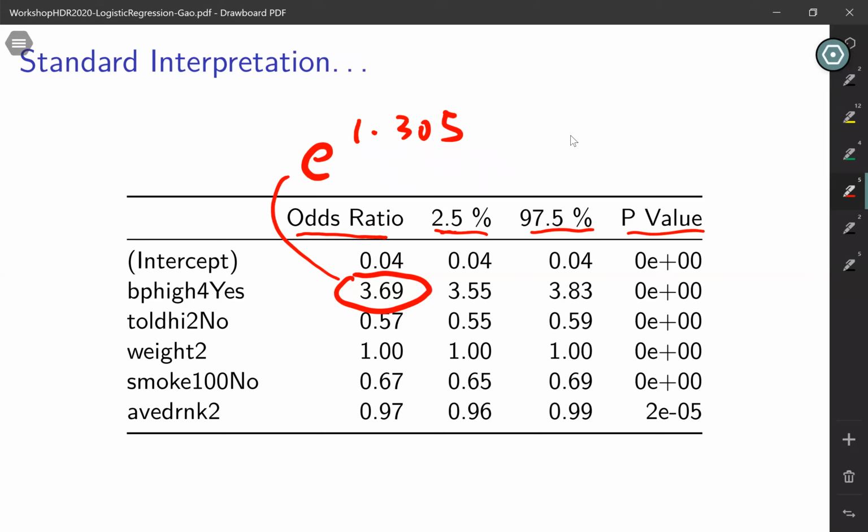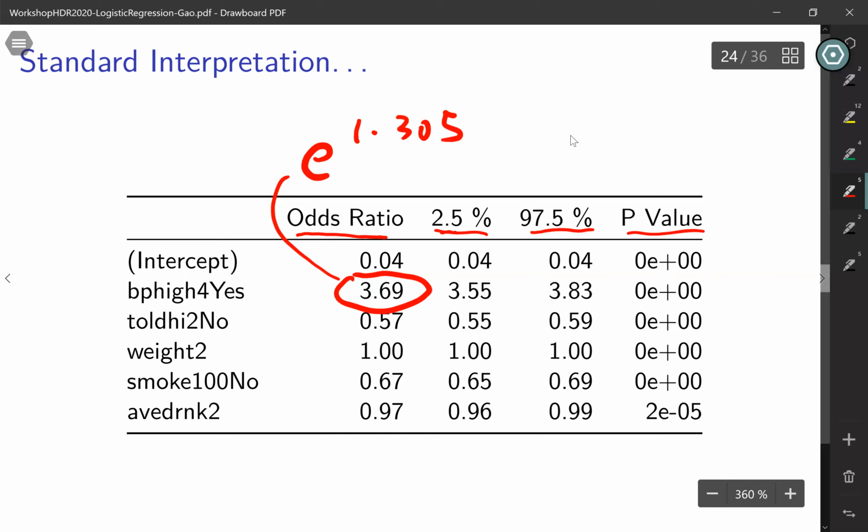I know the odds ratio is 3.69, but how do we interpret that? This is quite a large number if we use 1 as a reference. It is larger than 1. Simply speaking, if the odds ratio is larger than 1, this indicates a higher risk.